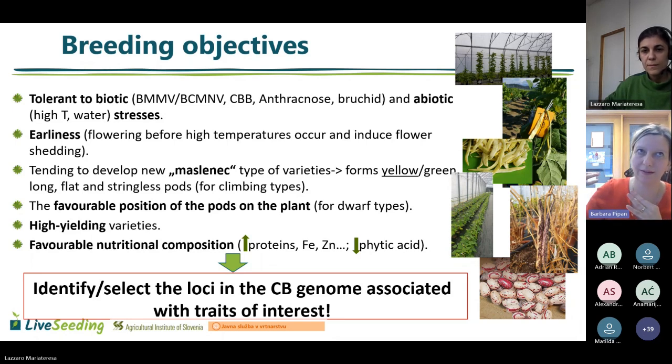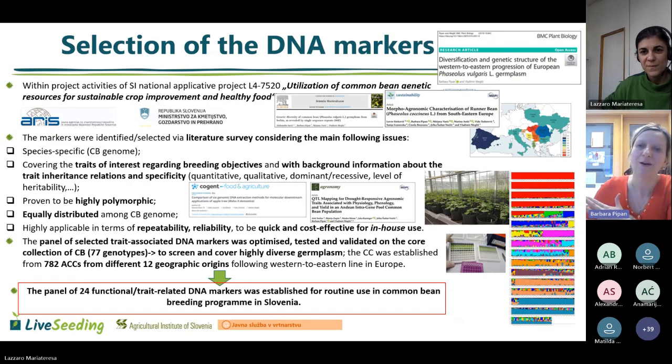And the traits of improvement are also the key traits which are followed by marker-assisted selection, so that we can identify and select loci in the genome of common bean which are associated and linked with the traits of interest associated with the breeding objectives. So this is the whole chain of the importance of why we are talking about traits. First, breeding objective traits, and then markers, trait-related markers.